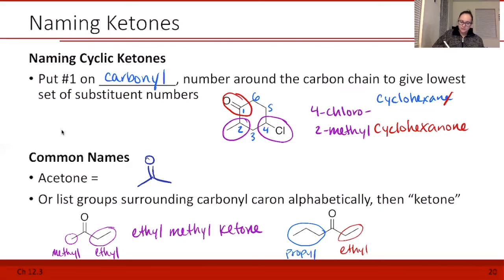So the name of this molecule would be ethyl propyl ketone, to show that we have an ethyl group and a propyl group, one on either side, and it's a ketone. And that's all with naming ketones. We'll do some more practice with this later. See you guys there.